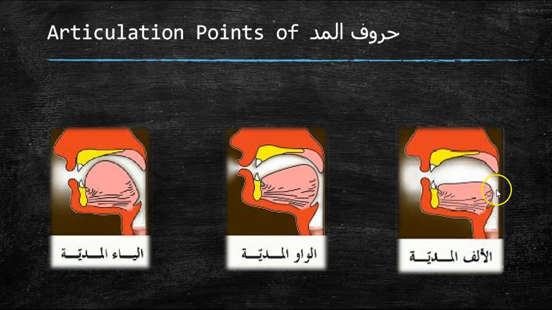The alif, there is no specific, it's an approximate articulation point. There's vibration in the vocal cords, the air goes out, and it's not blocked behind a specific point in the mouth. The stream goes, and both lips are opened, and the air goes out to make the sound of the alif.